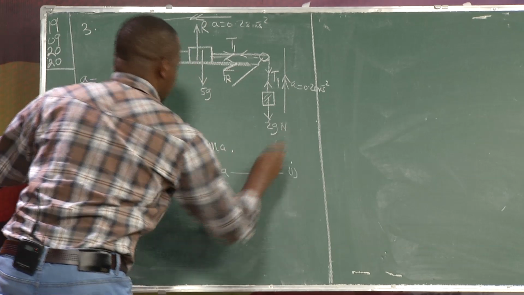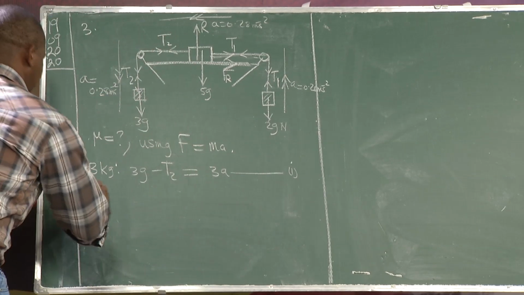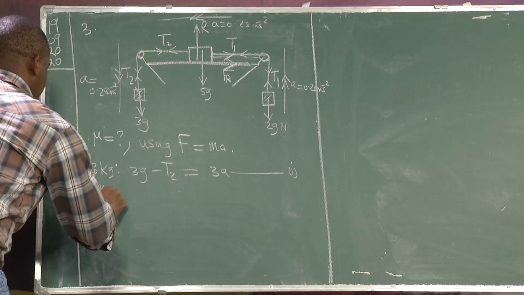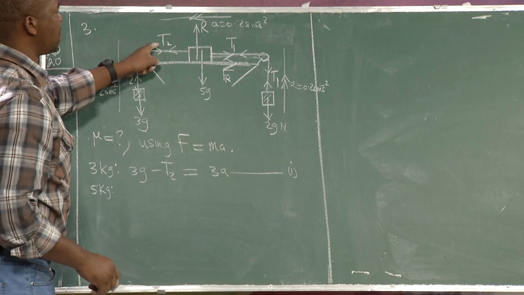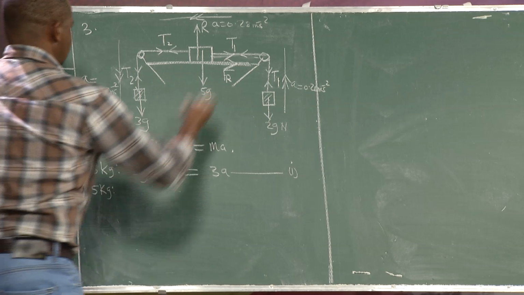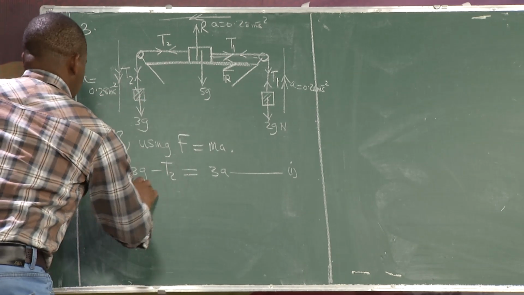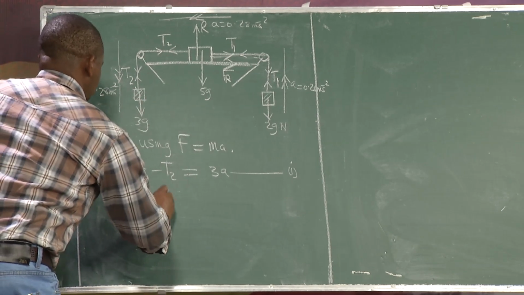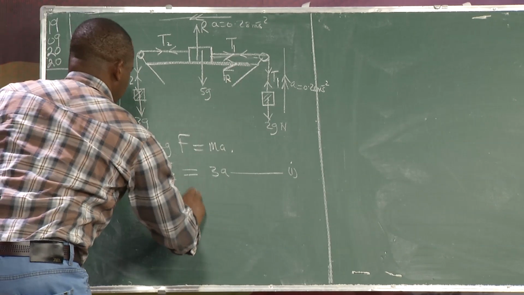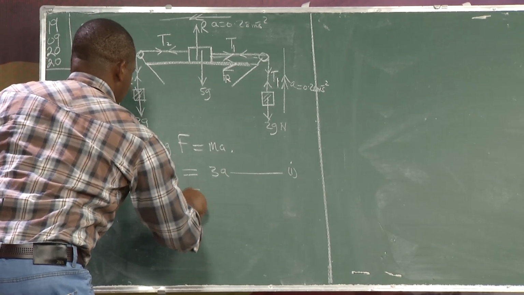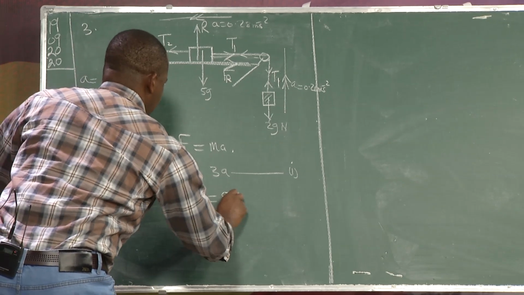I'll call this equation 1. For the 5 kilogram mass, which is on the table, it is acted on by the strings. Since it is going this side, the resultant force will be T2 minus T1 minus the frictional force, which I've called Fr, should be equal to 5a.